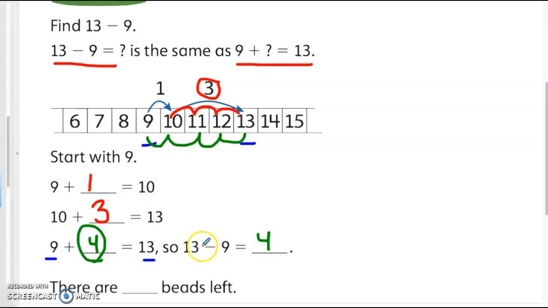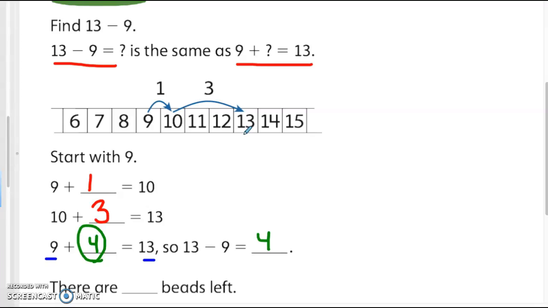Yep. 13 minus 9 is 4. So let's find my eraser and erase this right here, and get my pen up again. Let's try it. 13 minus 9.